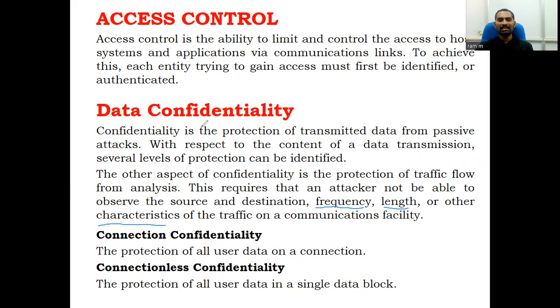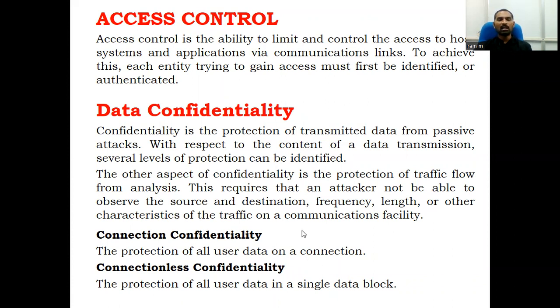To overcome these attacks, we provide some confidentiality services. In confidentiality, we provide connection confidentiality and connectionless confidentiality. In connection confidentiality, the protection of all user data on a connection will be provided.